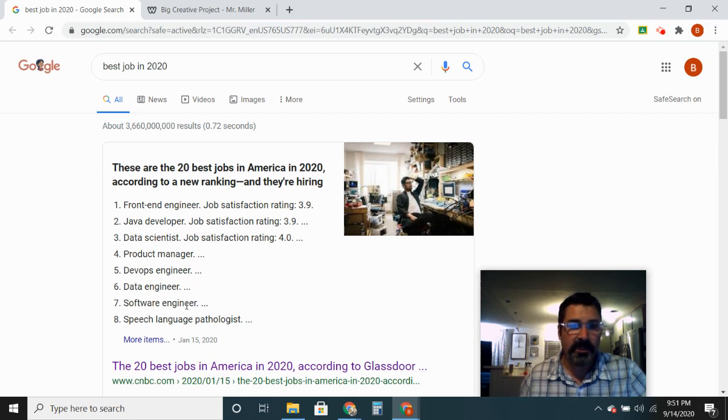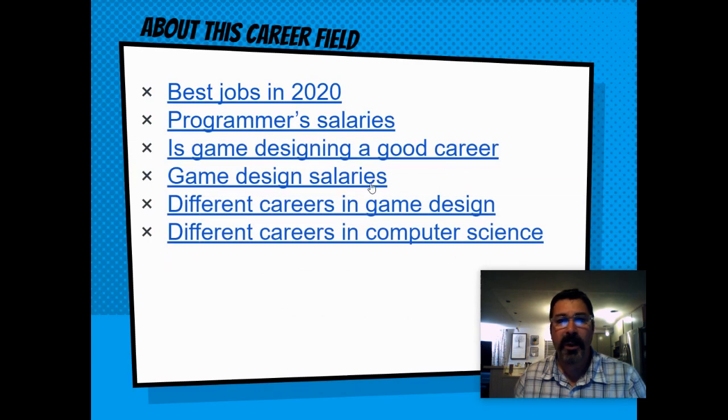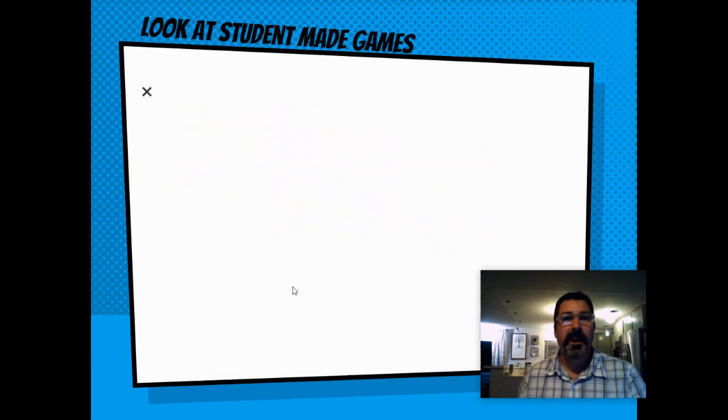Software engineer, that's a programmer. So programming has some of the best jobs going. The pay is good. The demand is good. The enjoyment factor is good. So pretty much everything is good about those sorts of jobs. If your student is interested in this class at all, the future could be very bright for them in this career field.